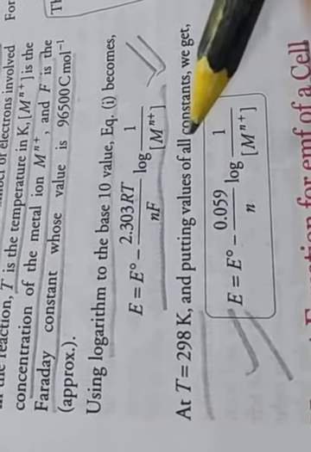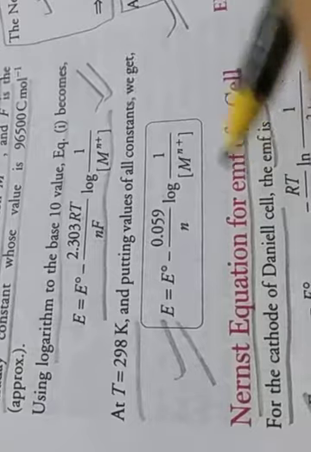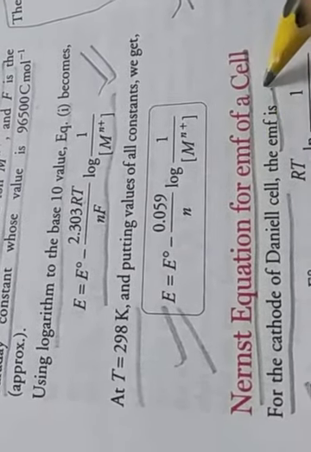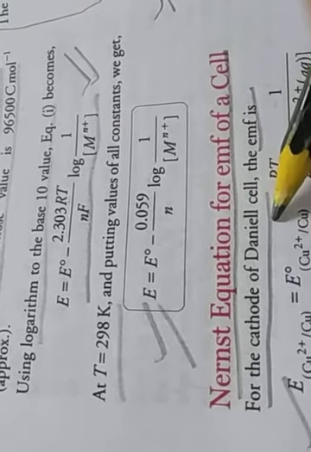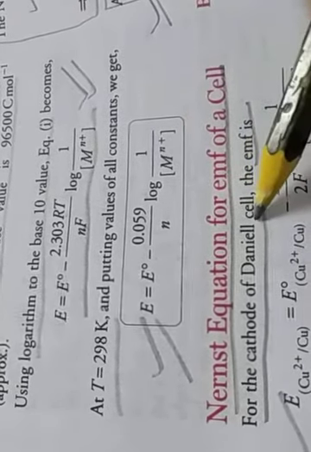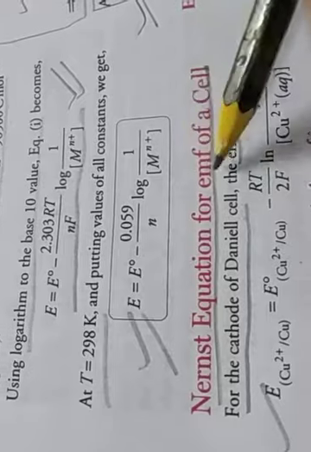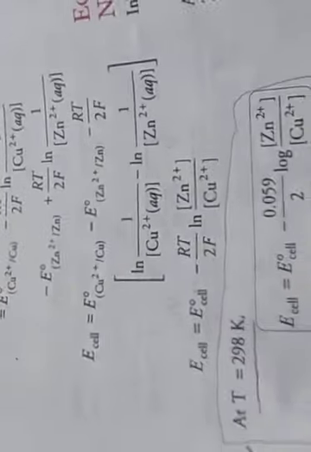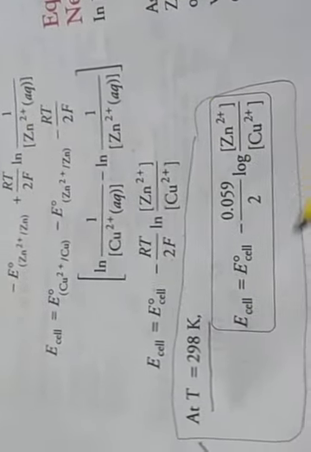Okay, so if the question is given directly, like the Nernst equation for the EMF of a cell like the Daniell cell. Okay, we already know about the Daniell cell with copper electrode and zinc electrode. So we directly write the equation.